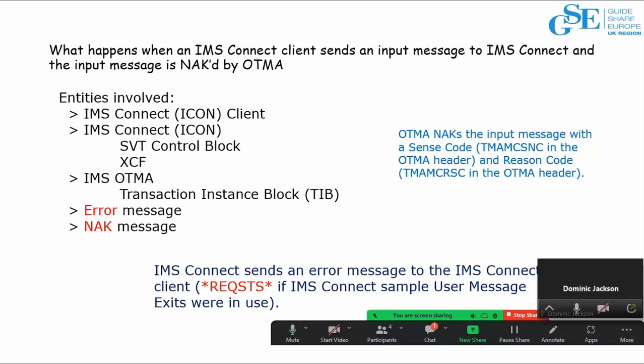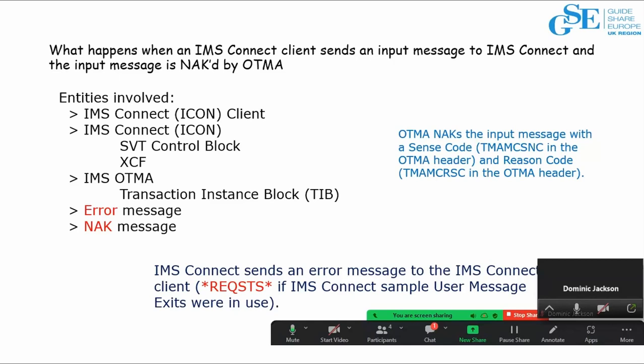As you can probably understand, if no errors had occurred in the OTMA code, the next step would have been the IMS application program. OTMA would have inserted the input message into the IMS message queue, and then it would have enqueued the message on the transaction queue, right? Those would have been the natural steps if no errors had happened on the OTMA side.